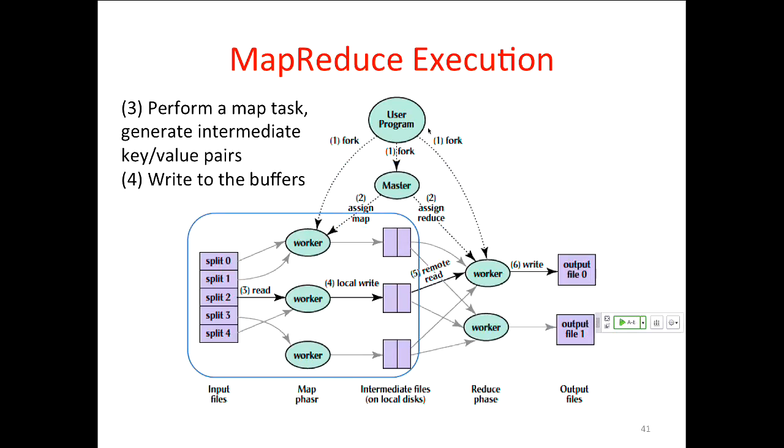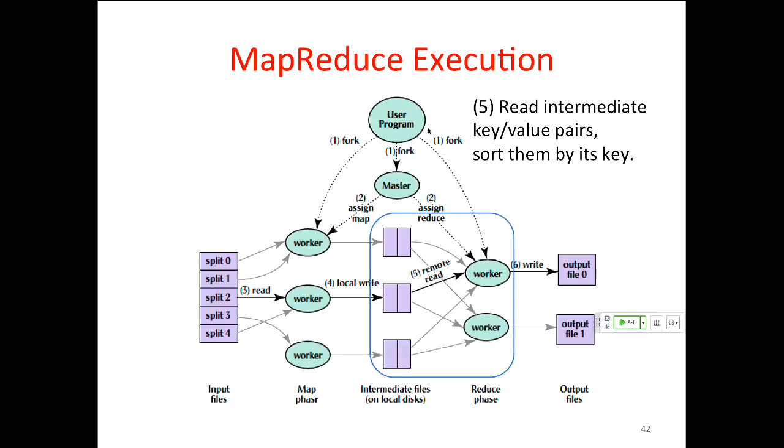And then we can do map tasks in parallel. These map workers perform map tasks and generate intermediate key value pairs, and then they write the result to the buffers here.